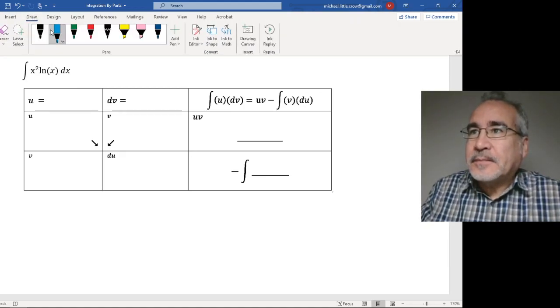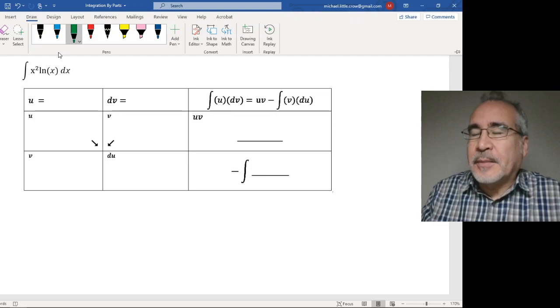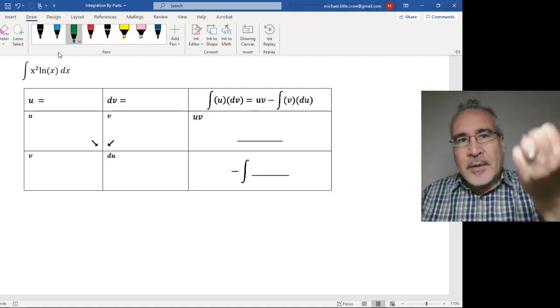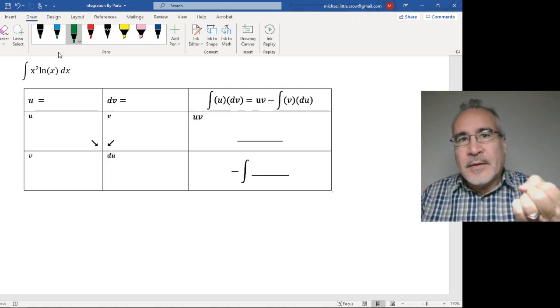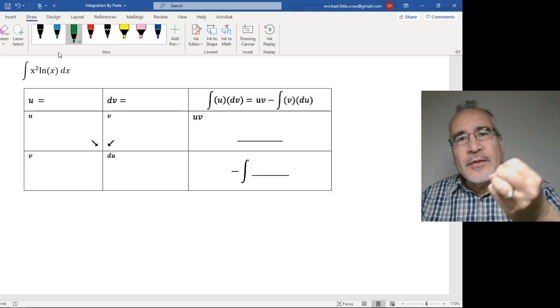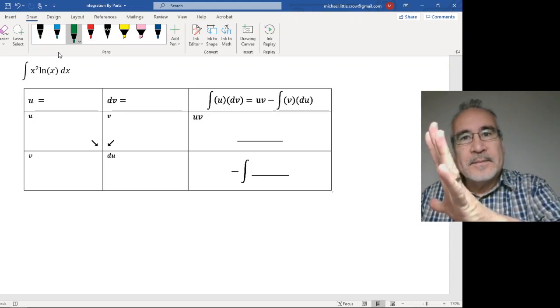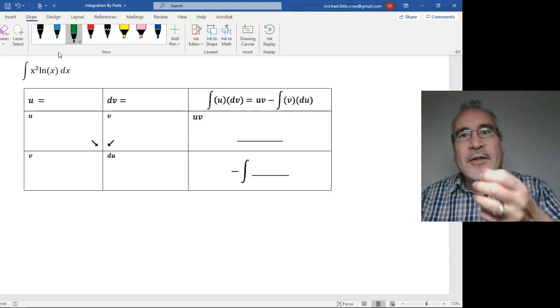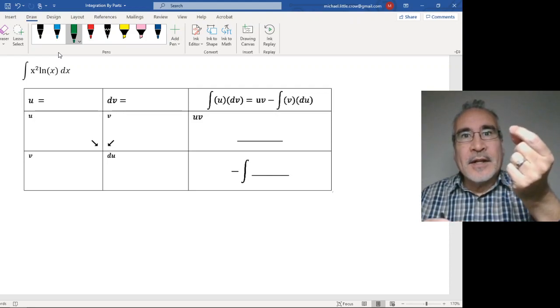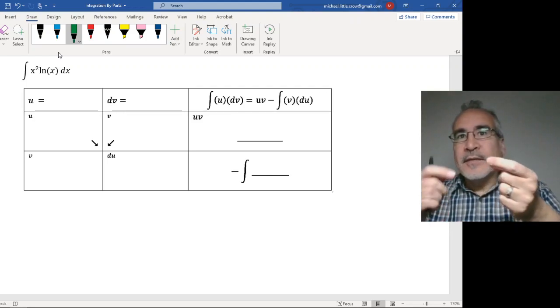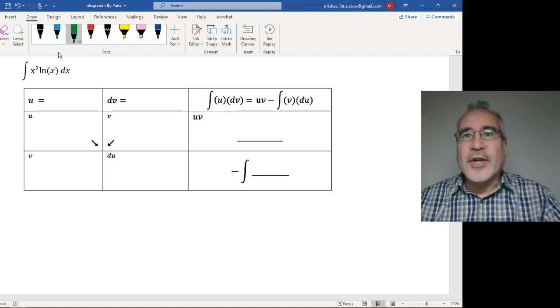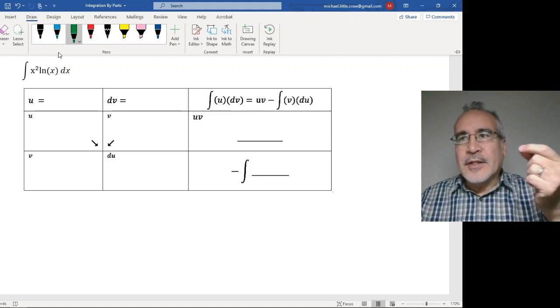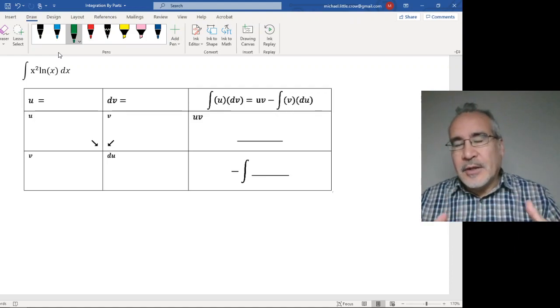Okay, we're going to identify our parts. And I believe I'm going to get this right. What we want is the part we're going to take the derivative of. We want that derivative to sort of disappear. Because you know, with negative exponents, as you started taking the derivative, the exponent just became more and more negative. It never went away. But if you had positive exponents and you took the derivative, it would go away.